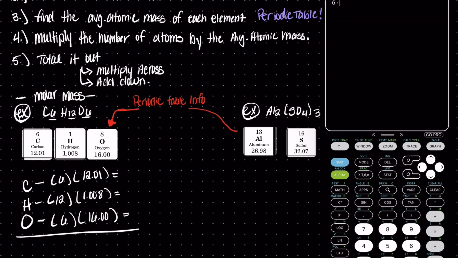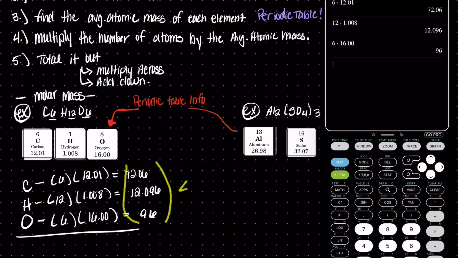6 times 12.01. Boop, that gives me a whopping 72.06. And then 12 times 1.008 gives me like 12 and change. And 6 times 16 is 96. I've multiplied across. Now I gotta add down, or summate. That's a fancy word we can use to mean to add down. So we're gonna add these values together.